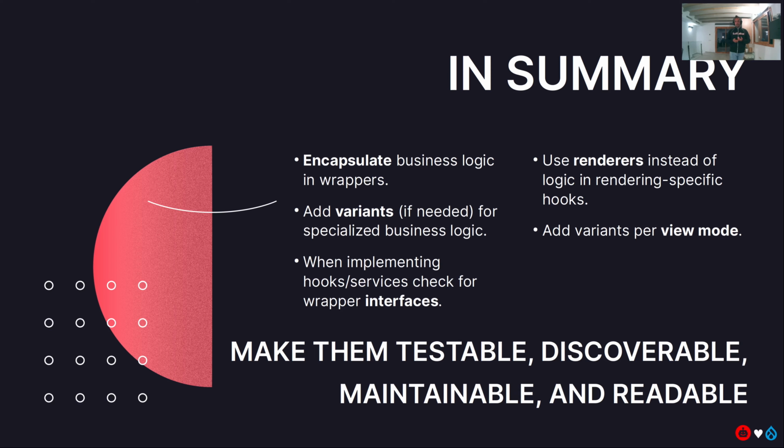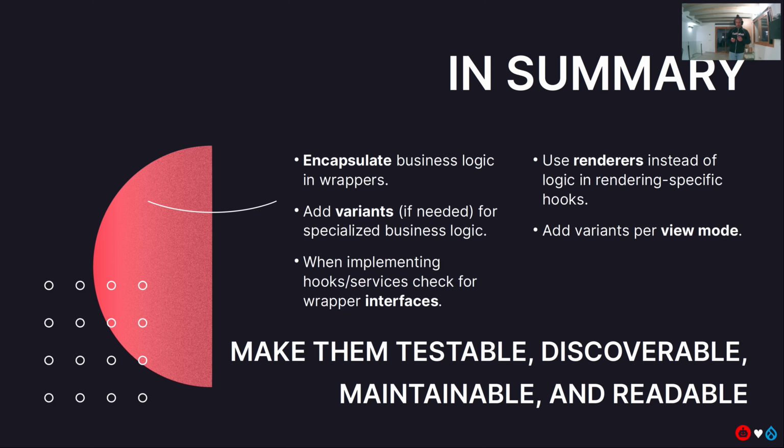It also has the concept of implementing hooks, services, and events in a generic way by checking for interfaces in the wrappers instead of just assuming and implementing right there.